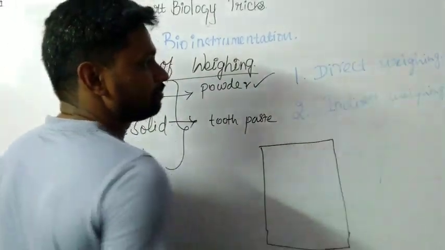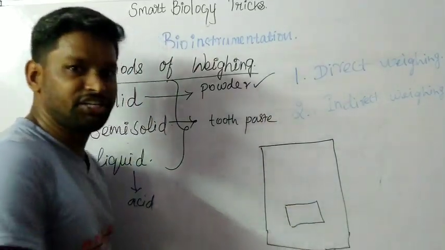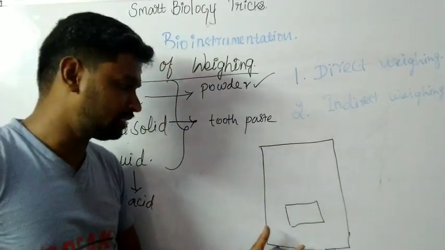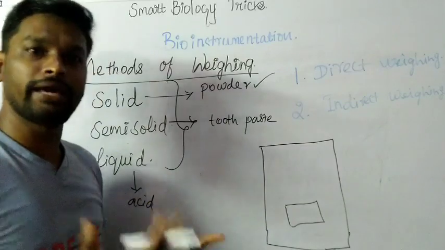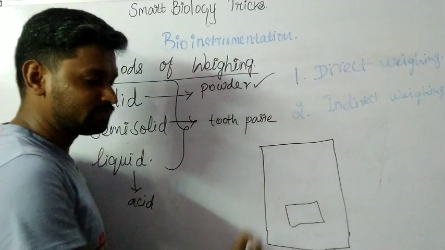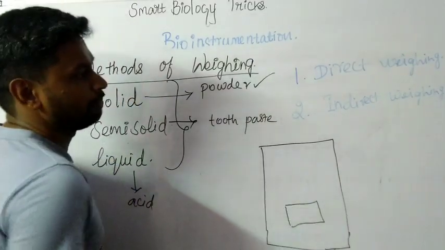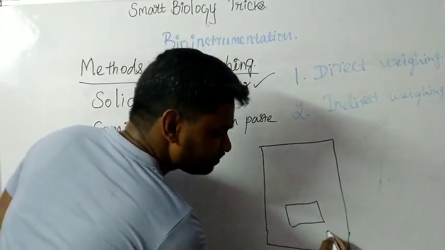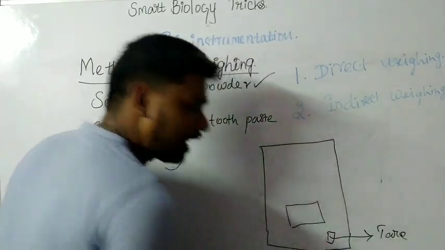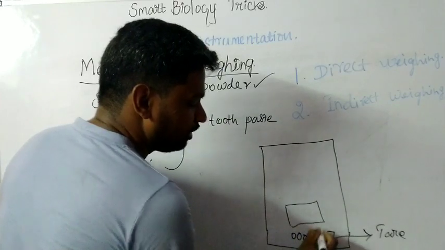In direct measurement, you keep a piece of butter sheet, or any object like a plastic cup, on the top of the pan, and then you hit the tare button, so that the instrument shows zero.